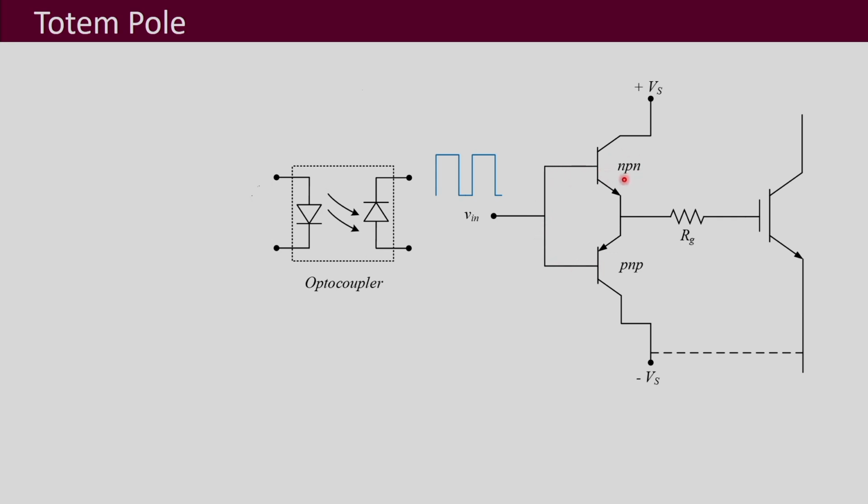Since this is NPN, whenever the base is high, it is going to conduct, and for the PNP, if the base is high, then it is not going to conduct; it will be in cutoff. Therefore, whenever the gate pulse is high, the NPN starts to conduct and the current flows like this. That is how we can turn on this IGBT, and we can make Vs whatever is required by this gate emitter region.